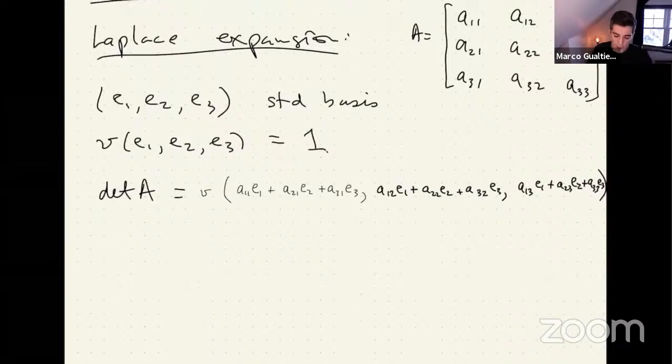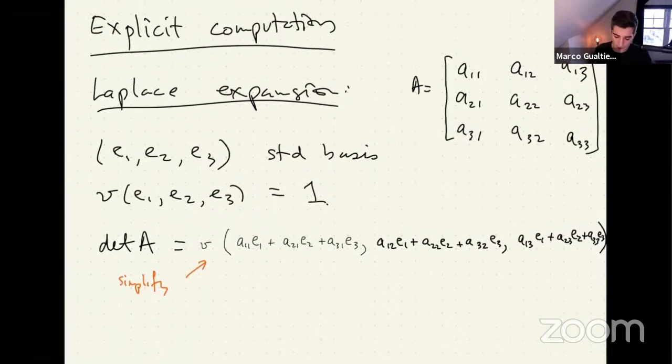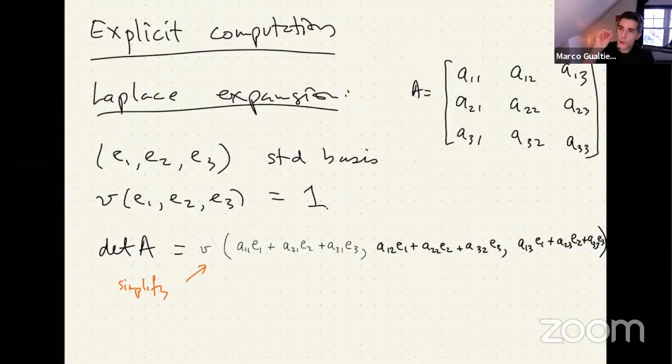So the Laplace expansion goes like this. It's just an algorithm for simplifying this. The way that we do it is we choose a position in the matrix, like a certain row or column.